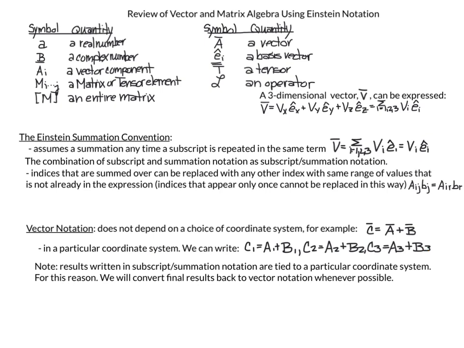So our results written in subscript summation notation, because it has a subscript i, we're talking about these coordinates, they're tied to a particular coordinate system. For this reason, we will convert final results back to vector notation like this whenever possible.